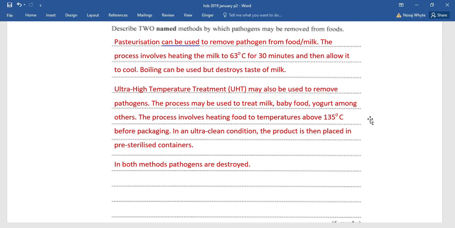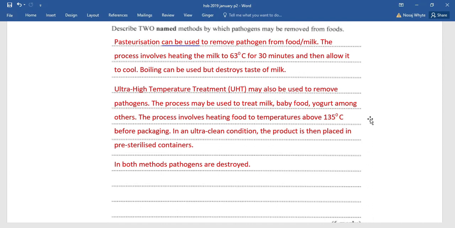The process may be used to treat milk, baby food, yogurt, among others. The process involves heating the food to temperatures above 135 degrees Celsius before packaging. In an ultra clean condition, the product is then placed in pre-sterilized containers. In both methods, pathogens are destroyed.